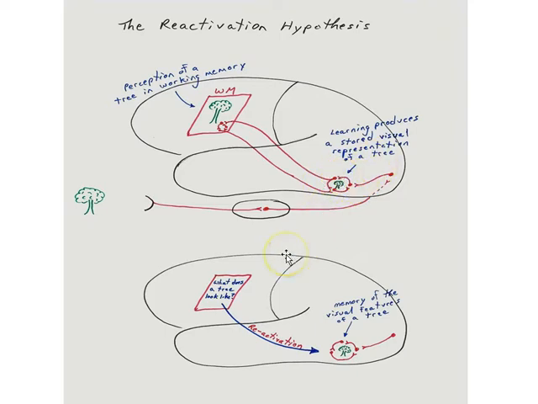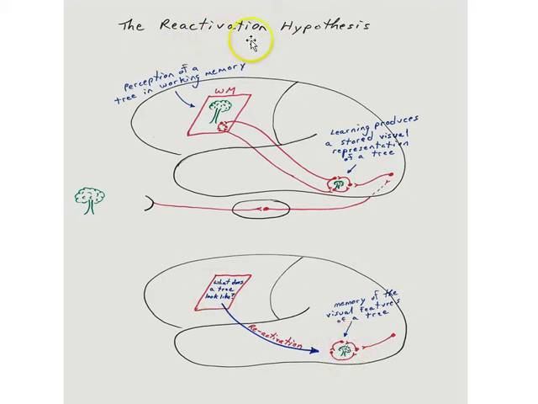Then in imagery, the idea is that we are reactivating that same memory of a tree, but not from the external world, but internally. So somebody might ask us, what does a tree look like? And that question, of course, enters our working memory. The working memory system and other frontal lobe memory retrieval systems can now reactivate the memory of what a tree looks like and set up those neural loops.